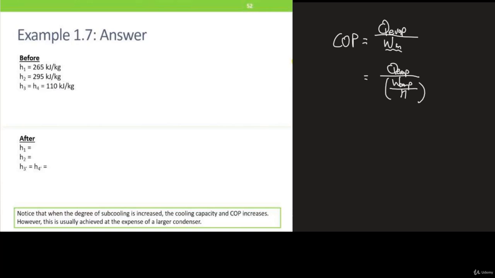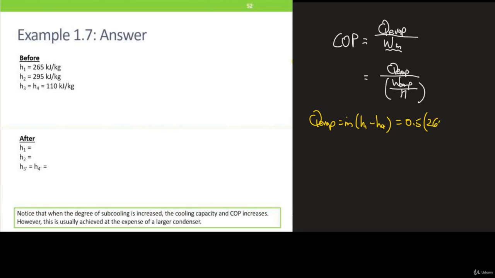Q evap is equal to m dot times H1 minus H4. The mass flow rate is given in the question, which is 0.5 kilogram per second. H1 just now from the pH diagram, we find that it's 265.